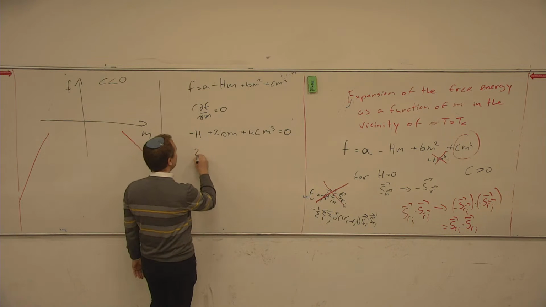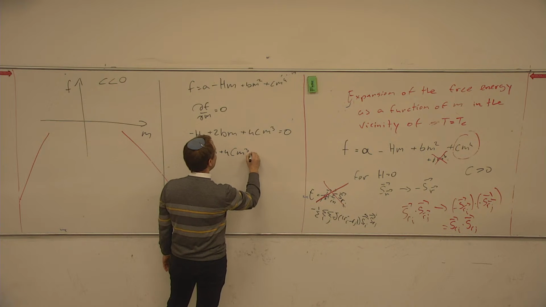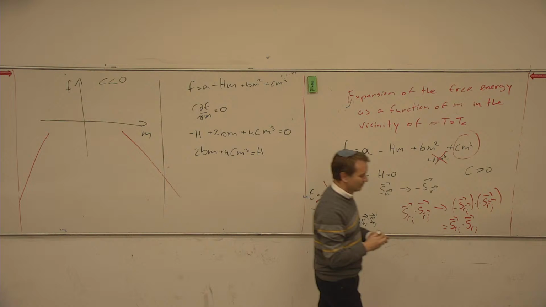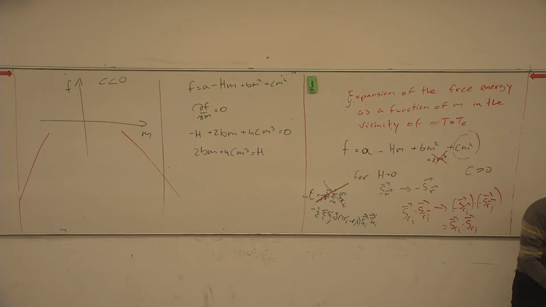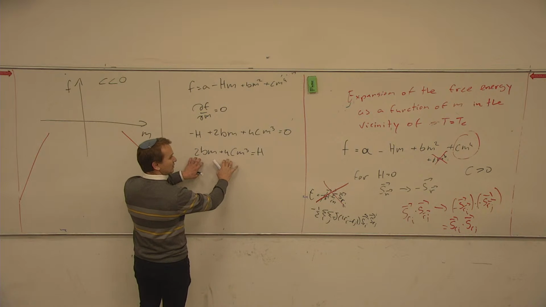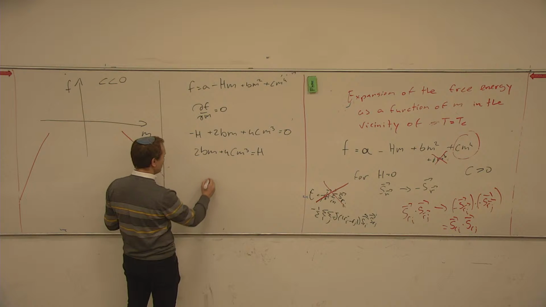Okay, so it's basically 2bm plus 4c m to the third equals h. So it's the third order. You look at this guy, right? It's a third order polynomial.